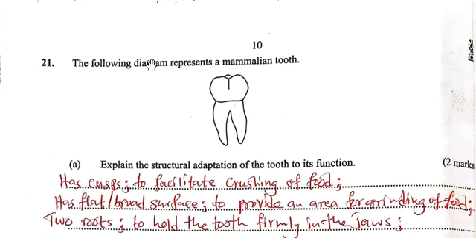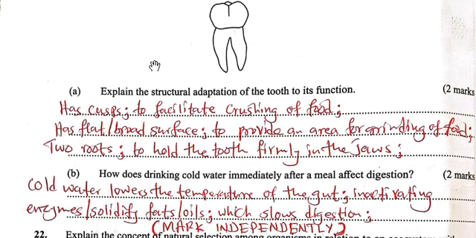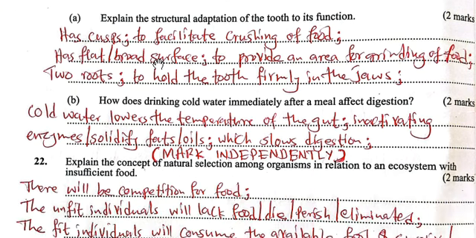Next question, question 21. The following diagram represents a mammalian tooth. Explain the structural adaptation, and adaptation must have the structure, modification, function for it to qualify as an adaptation. The first one has cusps to facilitate crushing of food.